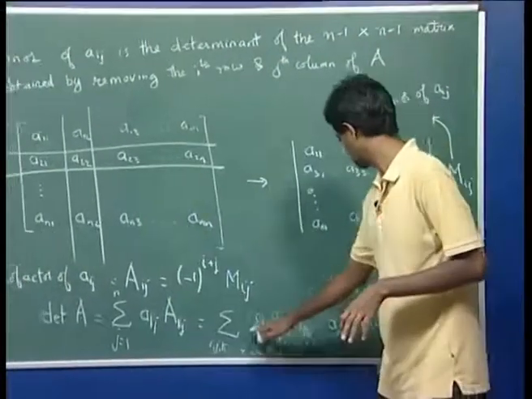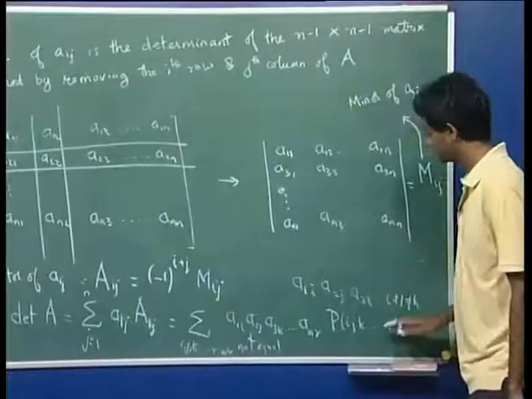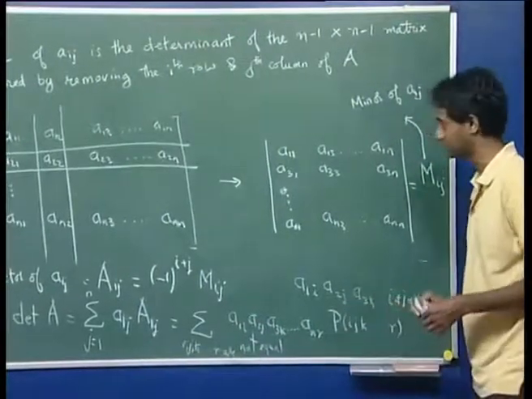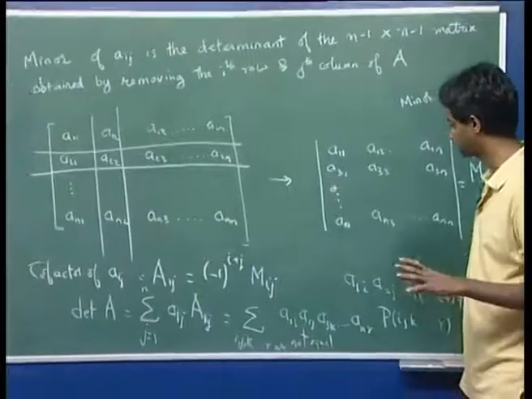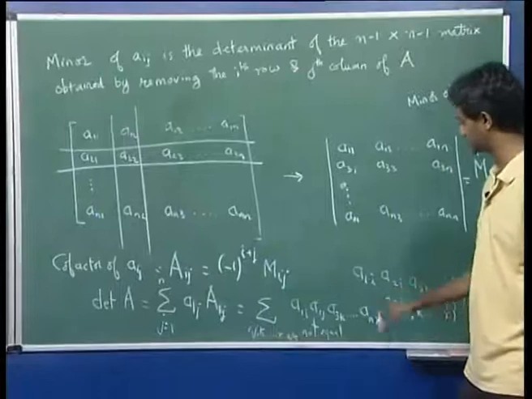So this permutation method is another way of calculating the determinant of a matrix, and typically when you are dealing with large matrices, some of these methods are quite useful.